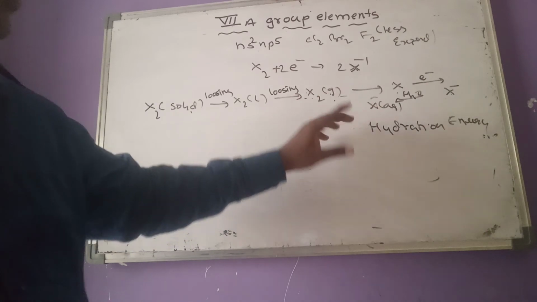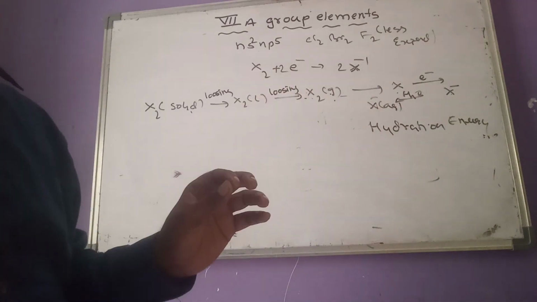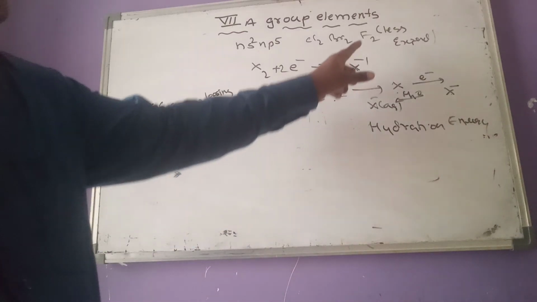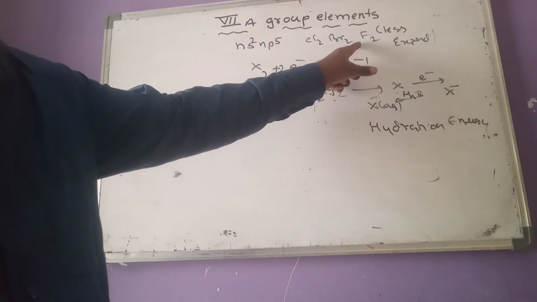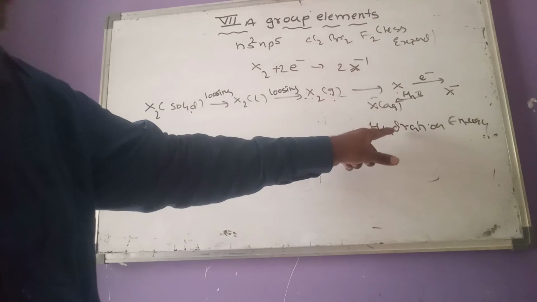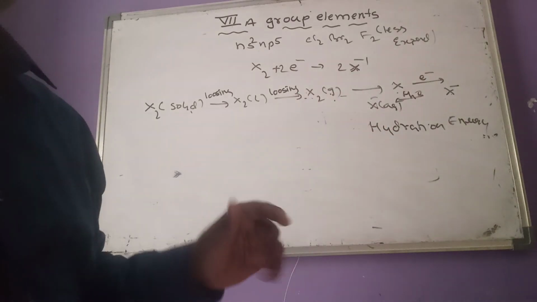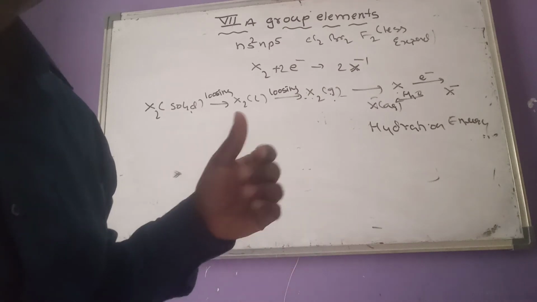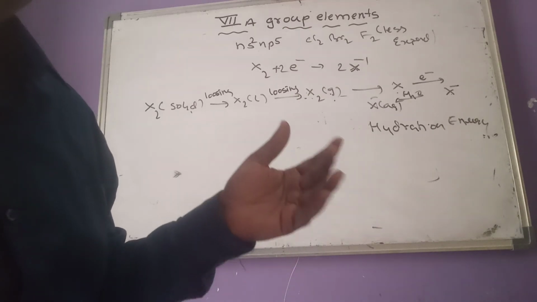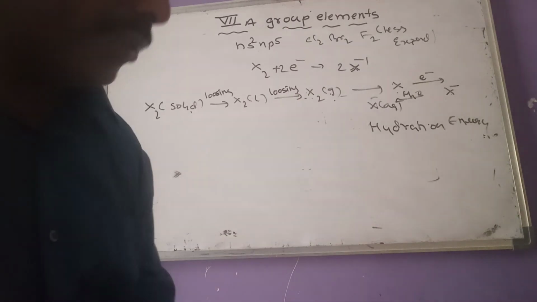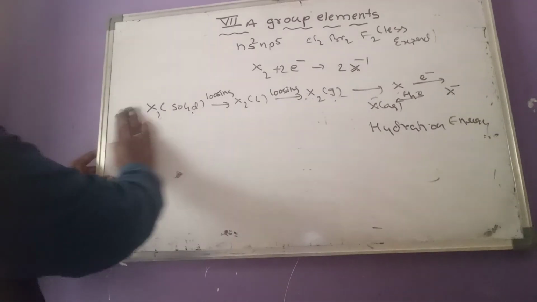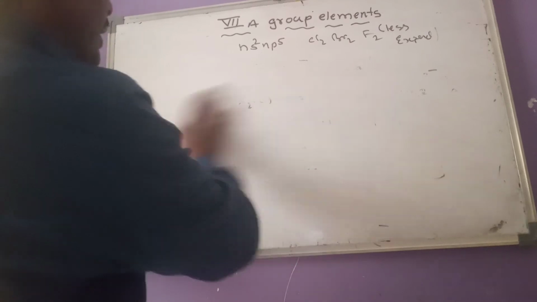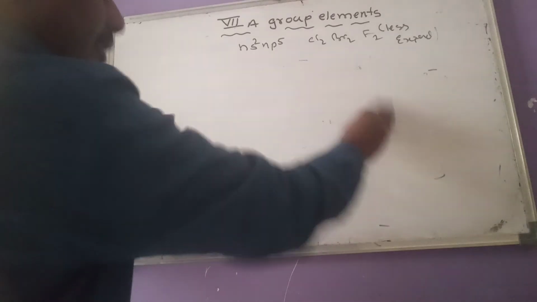So that's why, due to low bond dissociation enthalpy and high heat of hydration among halogens, fluorine has the high, which one? High oxidizing power.